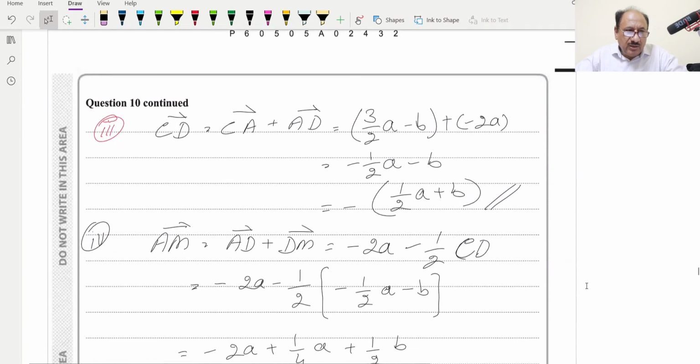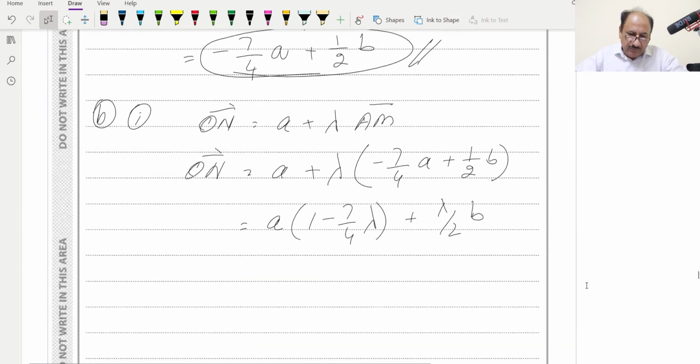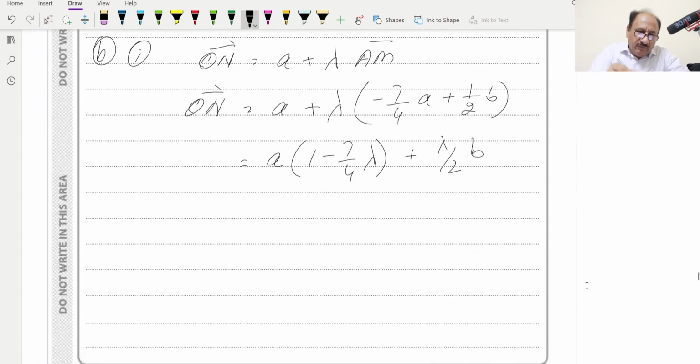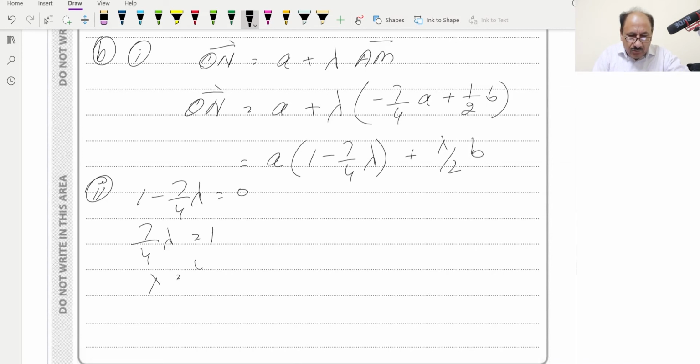So lambda and mu we can compare. For the second part, we can compare 1 minus 7 by 4 lambda is equal to 0. So this implies 7 by 4 lambda is equal to 1, so lambda is equal to 4 by 7. And for mu, we can write lambda by 2.